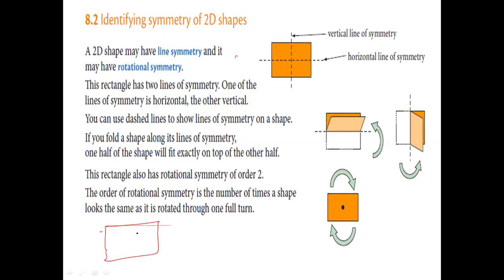This shape is also a 2D shape because it has height and length or width. If our shape has height and length, or height and width, this shape is called a 2D shape. As you see here, the square is also a 2D shape.